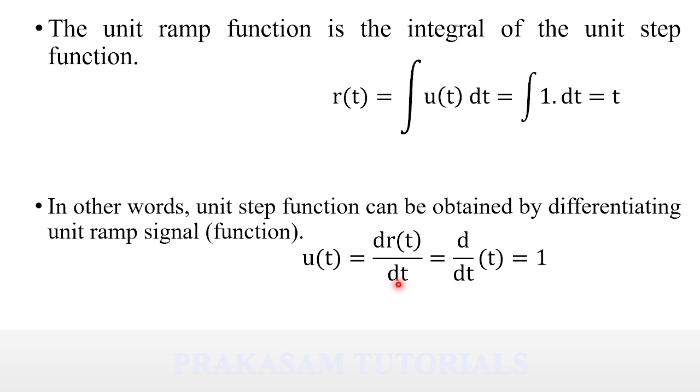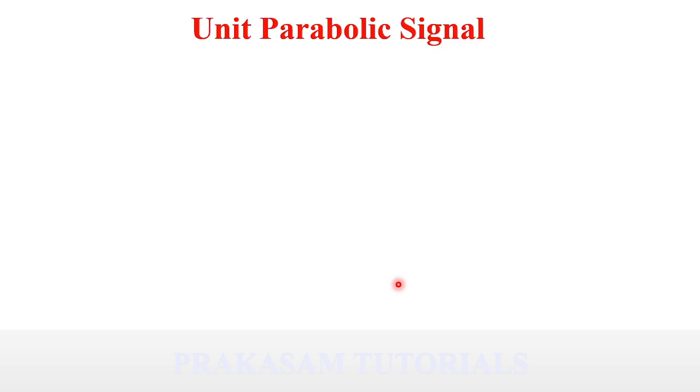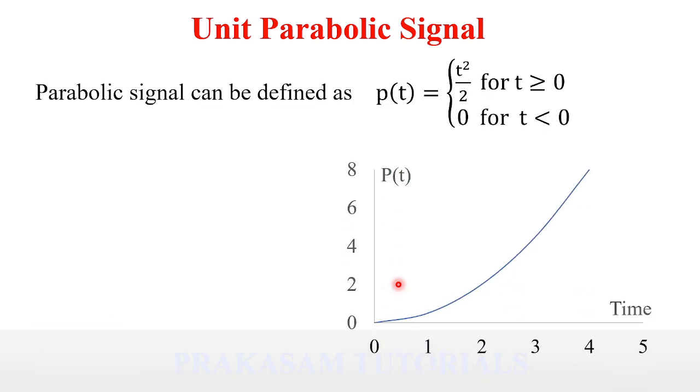Next I am going to discuss the unit parabolic signal. When a signal gives constant acceleration, the unit parabolic signal is also called an acceleration signal.